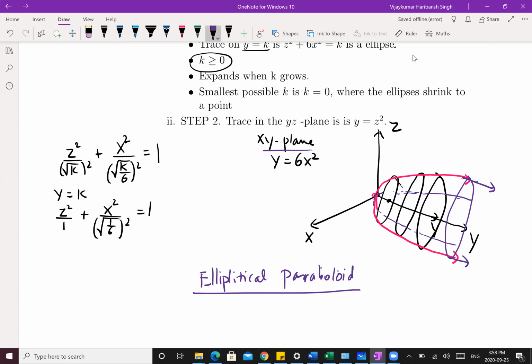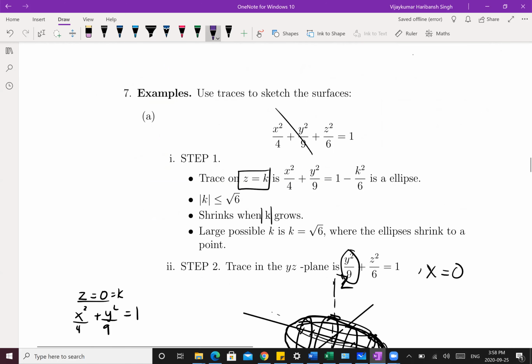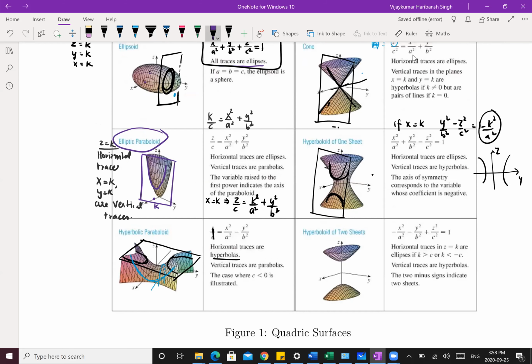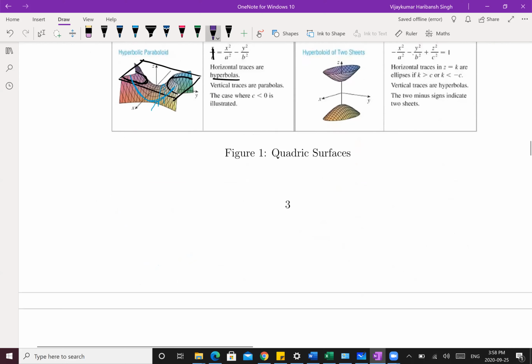What am I saying? The idea is you get an ellipse in one trace and the other two traces are parabolas. So we call it an elliptic paraboloid, and this is the structure you get, except that the z-axis is replaced by the y-axis in this case.